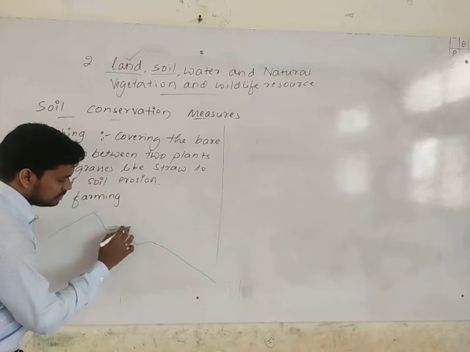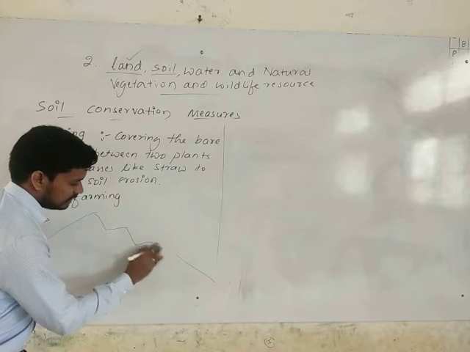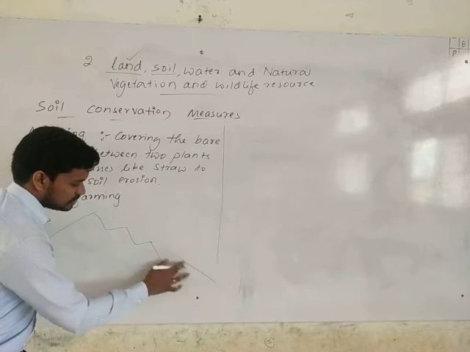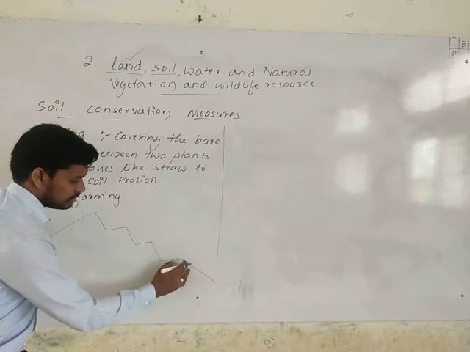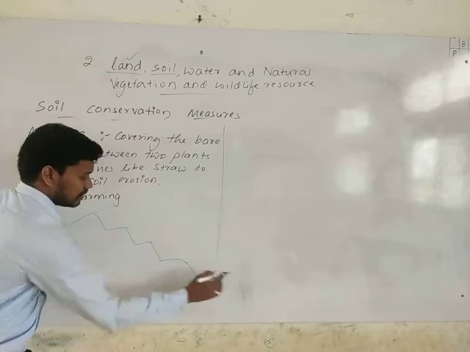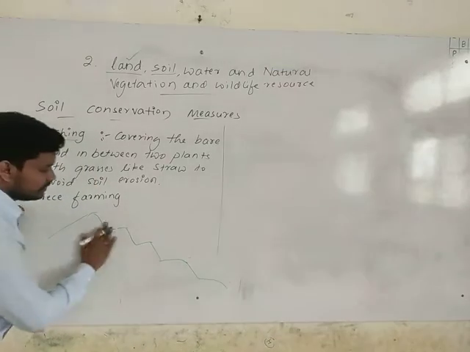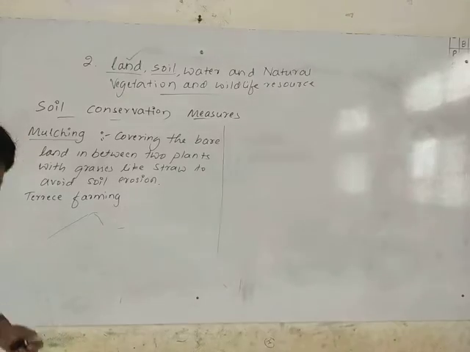Terrace farming is nothing but creating terraces in sloping areas like this, by cutting or by creating broader steps there for growing crops. This is called terrace farming. You might have seen this kind of terrace.